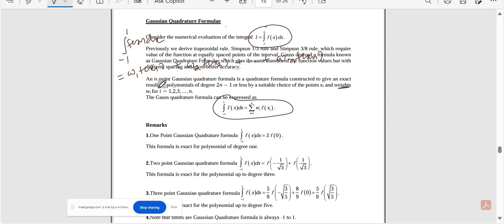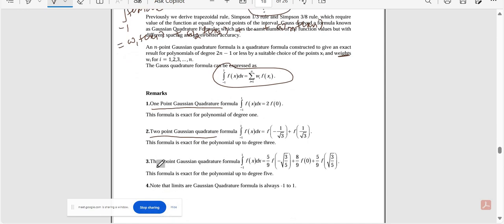But in our syllabus, there are only 3 formulas: the 1-point, 2-point, and 3-point Gaussian quadrature formulas. In the 1-point formula, there is only one term. In the 2-point formula, there are 2 terms in this general formula. In the 3-point formula, they go up to 3 terms.